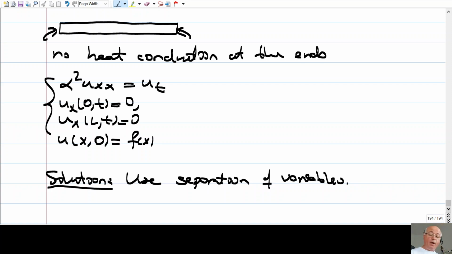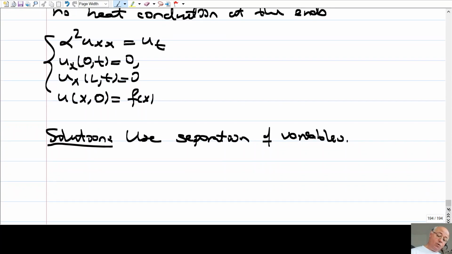I cannot use my previous solution because there we had this condition, u was 0 at the end, but now it is not like that. So I have to go back and go over all the steps. Okay, so use separation of variables.